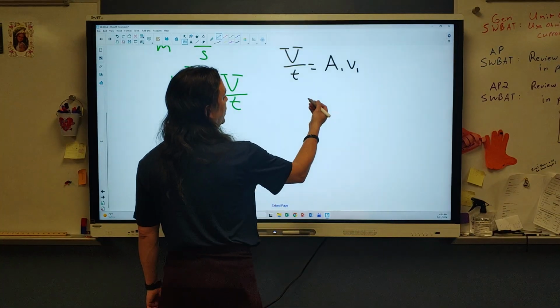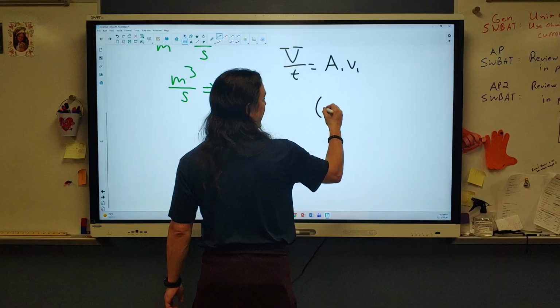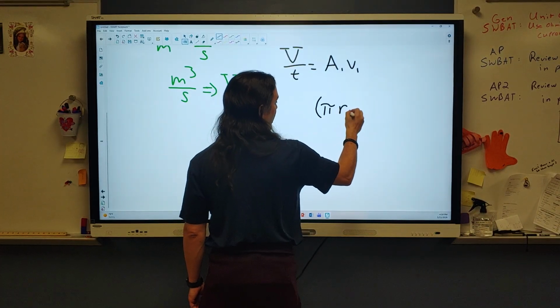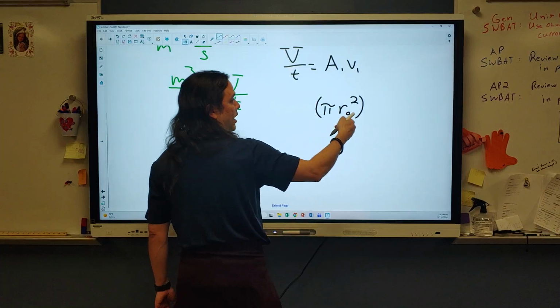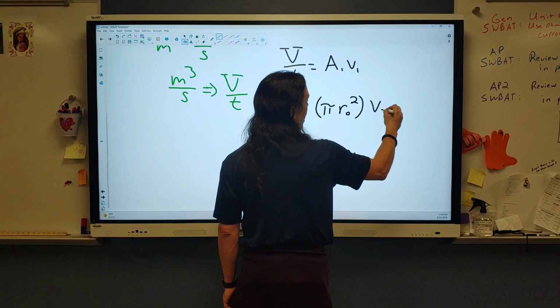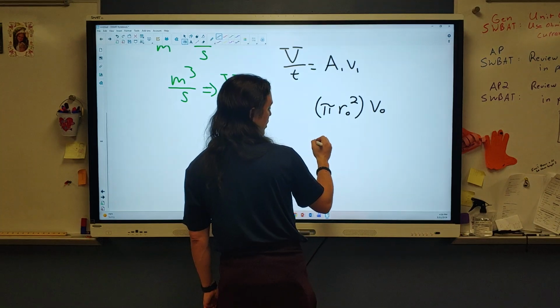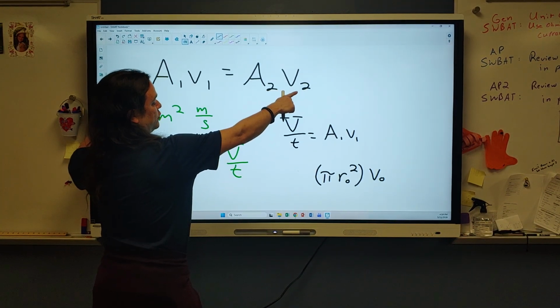Well, in this case, we've got the area. They told us that it's a circular opening, so that's pi r squared, with a radius of r naught, quantity squared. That would be the area, and I would multiply that by how fast it's going. Well, that was v naught. Please note my derivation begins with an equation from the equation sheet.